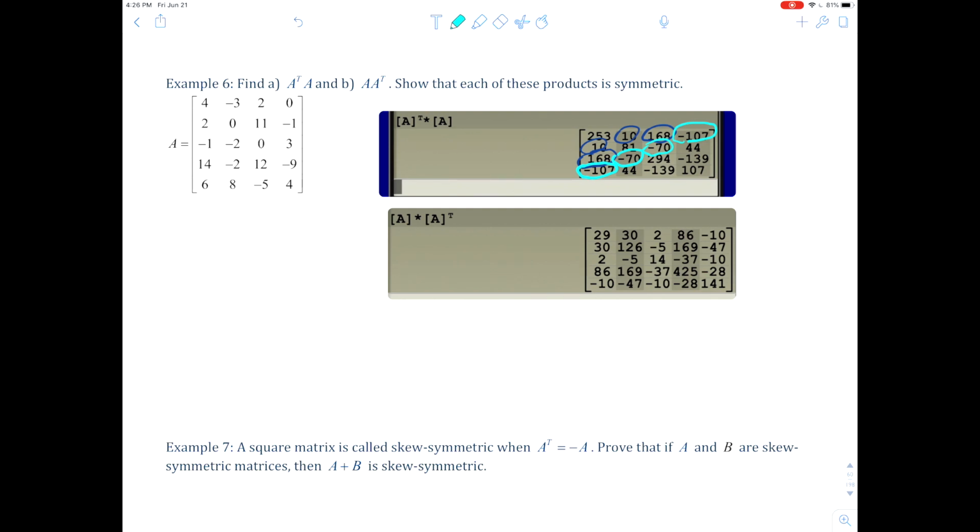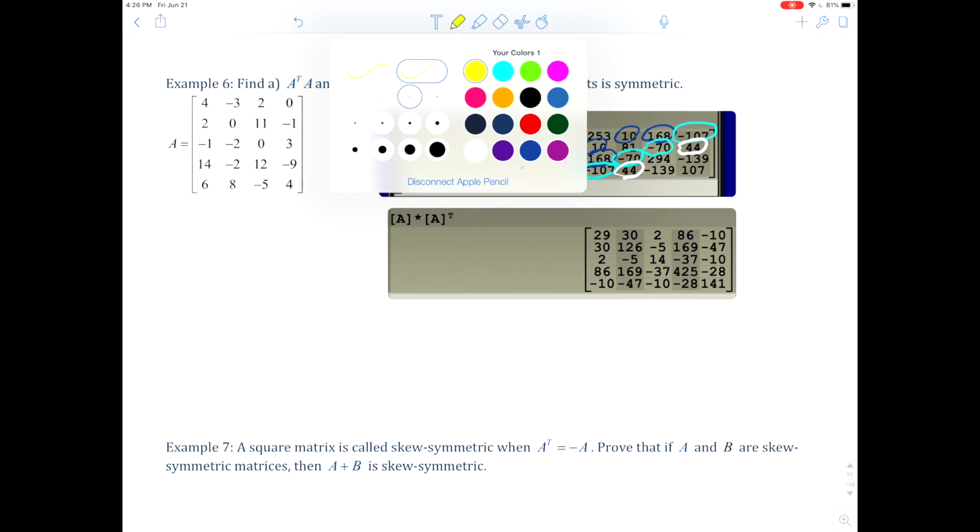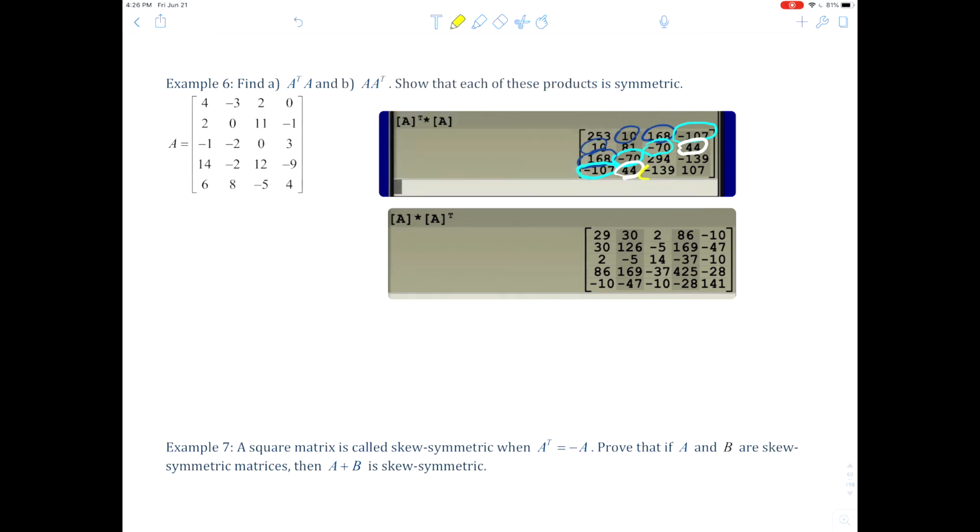Cool, cool. And then on this one, you've got your 44. Then you've got this 139. And then I'm going to do this one in a different color. So all of those entries have that symmetry.